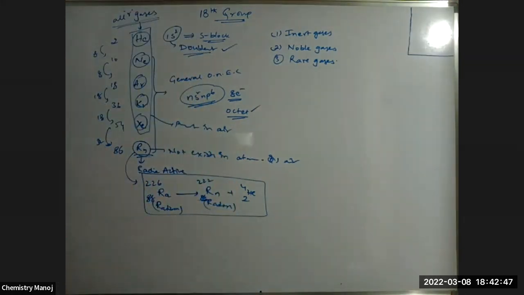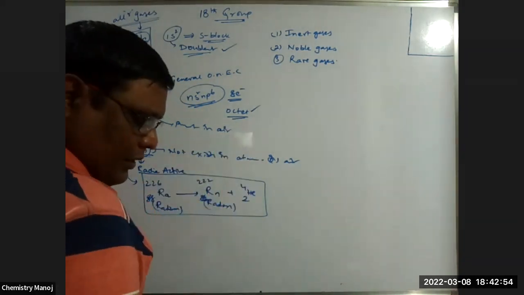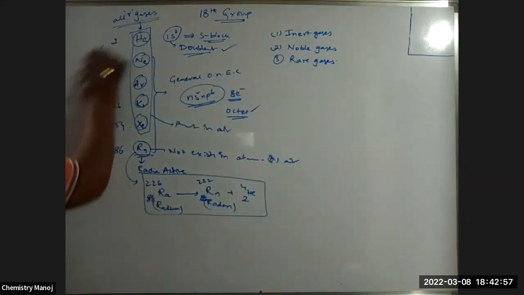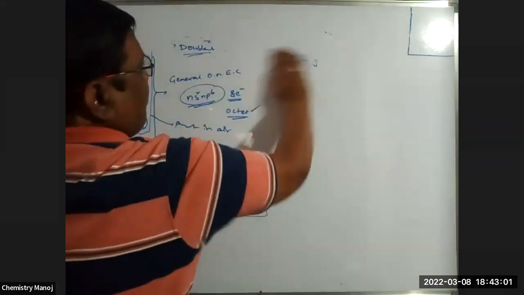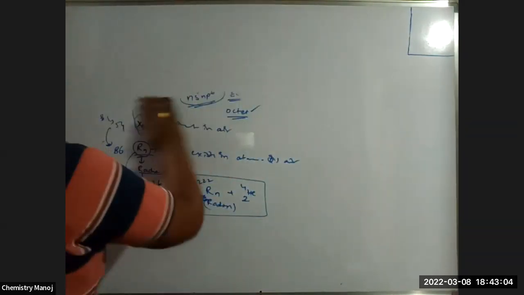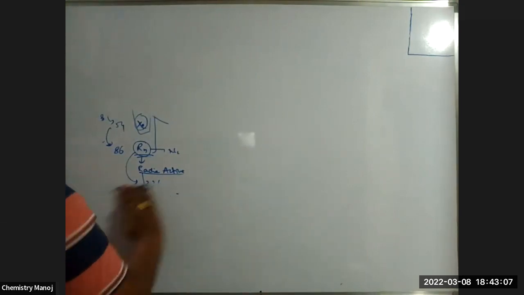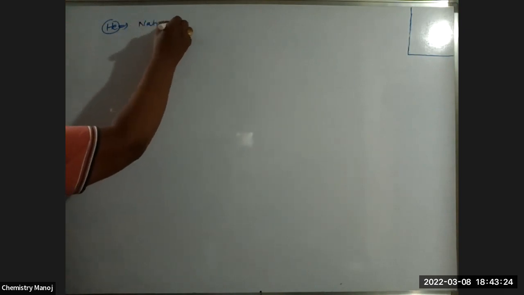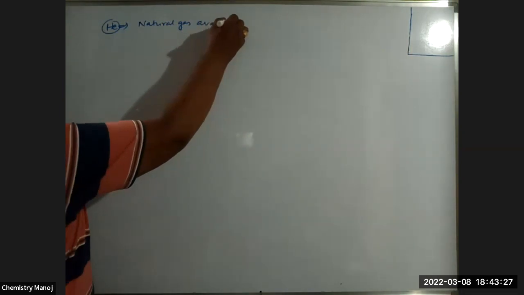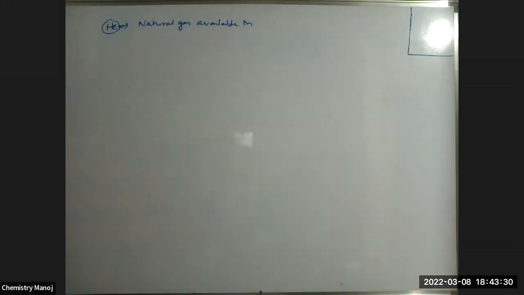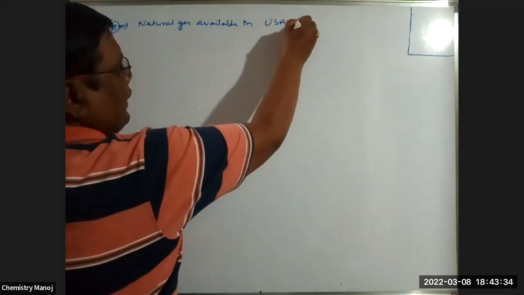And those are, first of all, helium. The basic source of helium is natural gas, available in the USA and Canada. That is the natural gas available in USA and Canada.